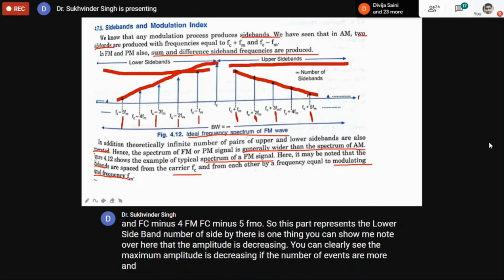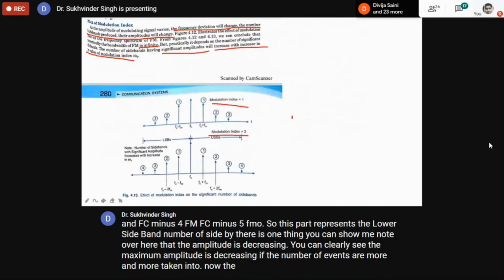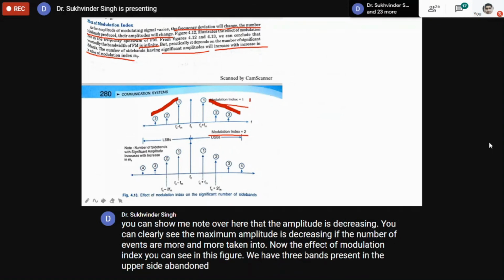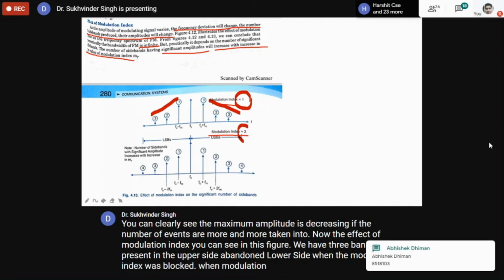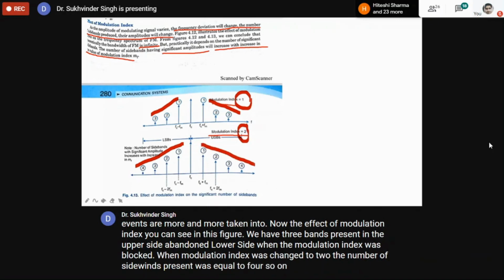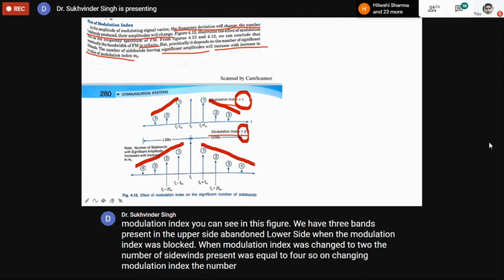Now the effect of modulation index, you can see in this figure, we have 3 bands present in the upper sideband and lower sideband when the modulation index was 1. When modulation index was changed to 2, the number of sidebands present was equal to 4. So on changing modulation index, the number of sidebands present changes from 3 to 4.